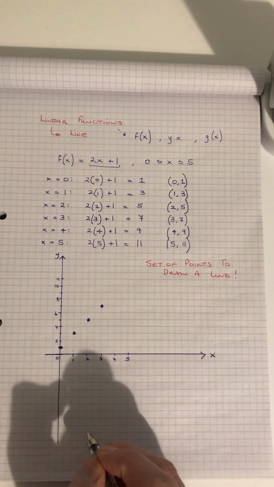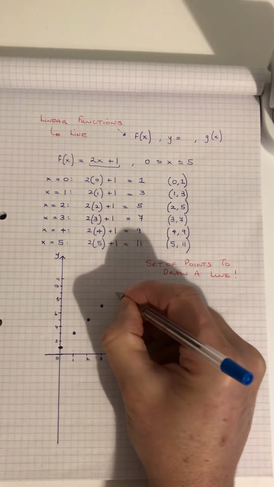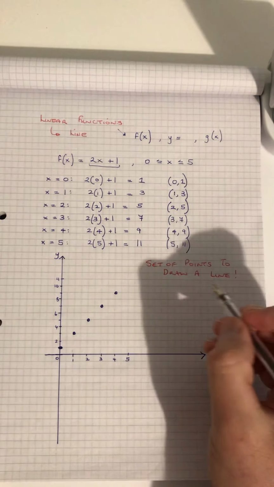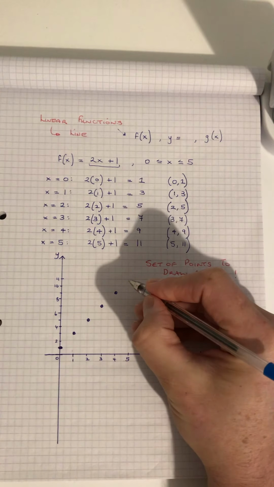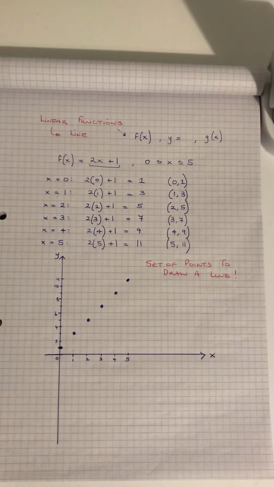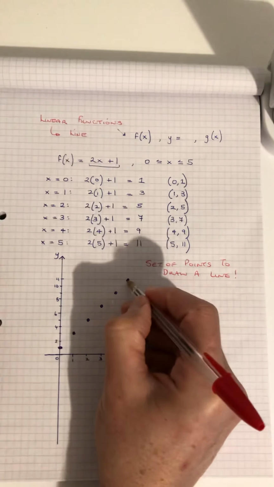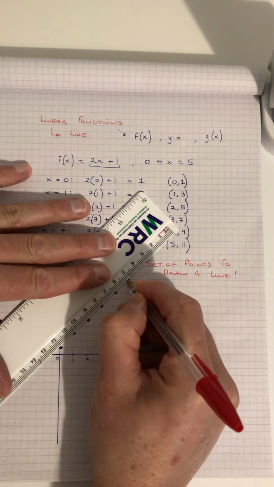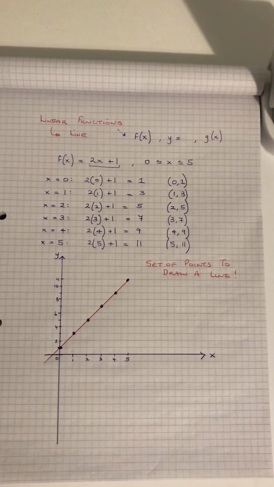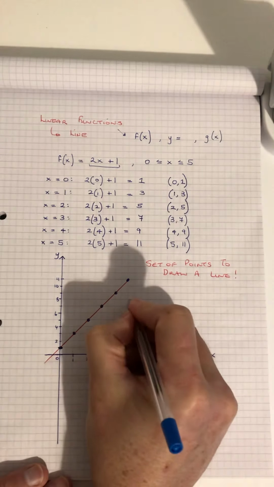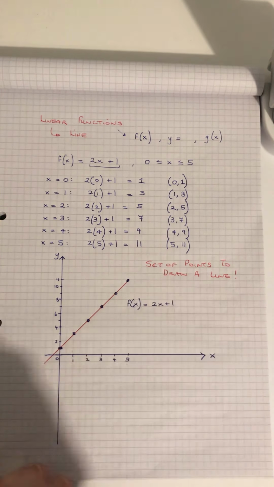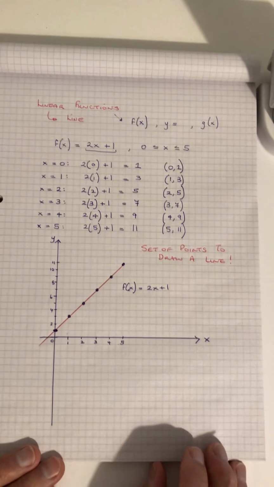When x is 4, goes up to 9. And finally, when x is 5, it goes up as far as 11. And as you can see, if I join those, I will get a straight line, like so. And that's what we call a linear function. f of x equals 2x plus 1. So that's my linear function.